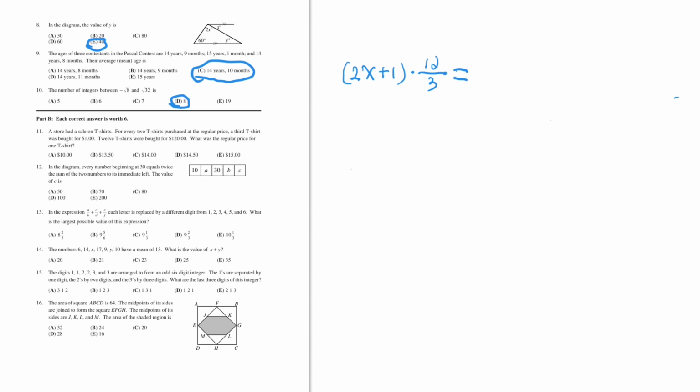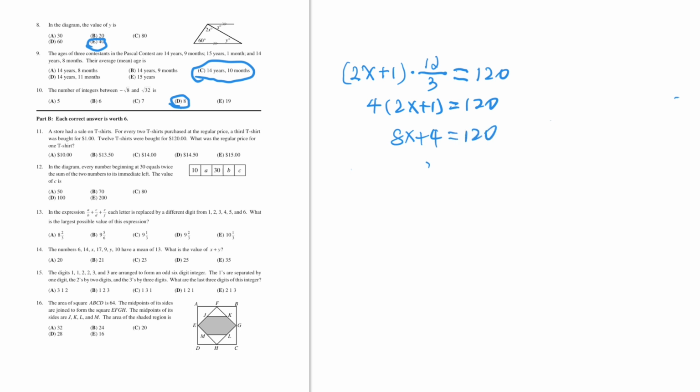And then the total cost is given as 120. Now that's 4 times 2x plus 1 equals 120. So expand, use the distributive property. 8x plus 4 equals 120.